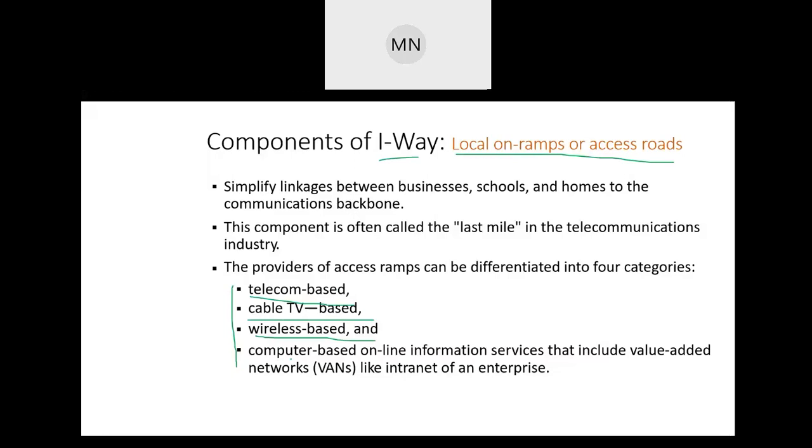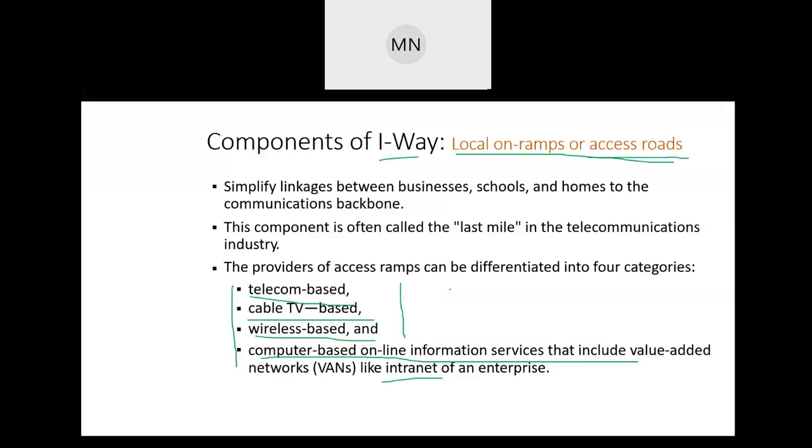And commercial online infrastructure involves computer based online information services that include value added networks, called VANs, or like intranet or extranet, through which users can access the information of an enterprise. These local on ramps or access roads are just like the local roads we have to connect to highways. These infrastructures help to connect to the information highway.